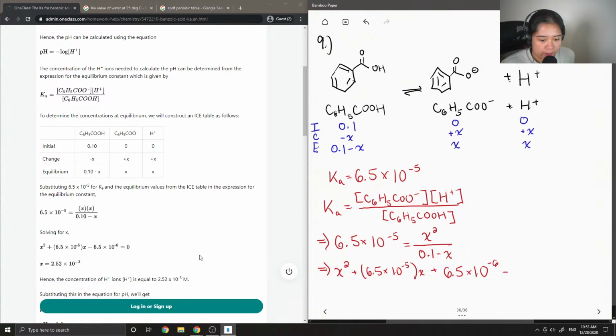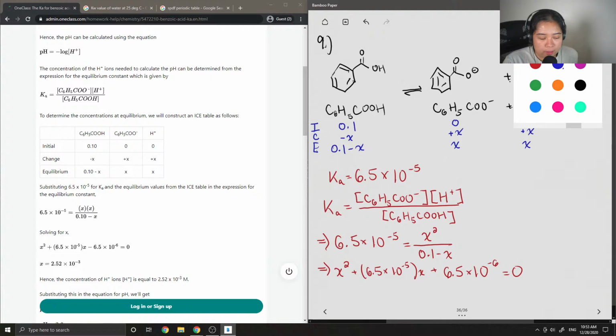Went the wrong way. Okay, so this is our quadratic. We're left with this quadratic formula.